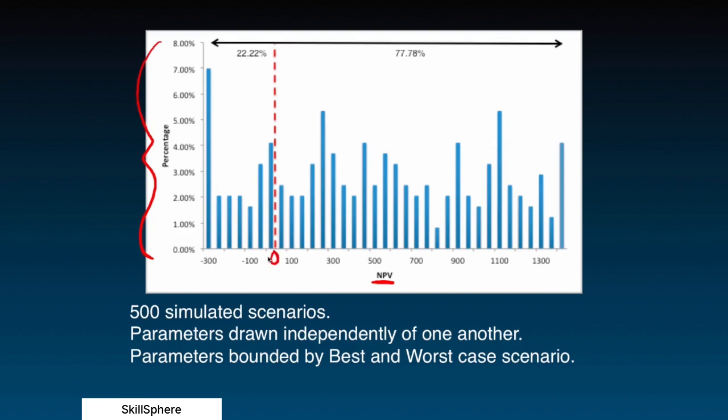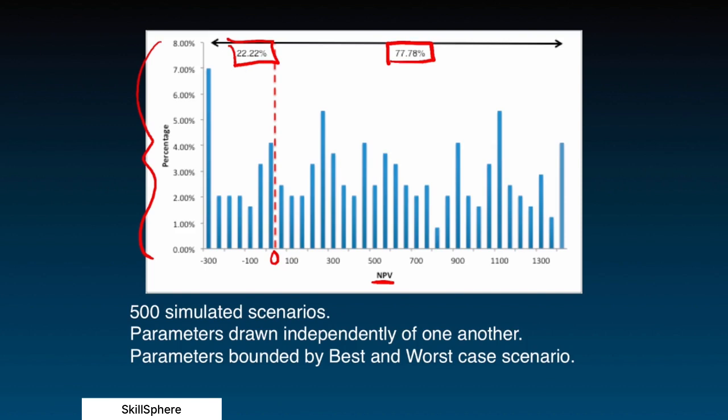And what you can see up here is 77.78% of the simulations are positive NPV, 22.2% are negative NPV. And so the takeaway is it looks like a pretty good bet. This project looks like a pretty good bet, conditional on all of the assumptions that we've made to get there. We've been able to push it around through a host of different scenarios, and this thing tends to be a positive NPV project, value accretive.